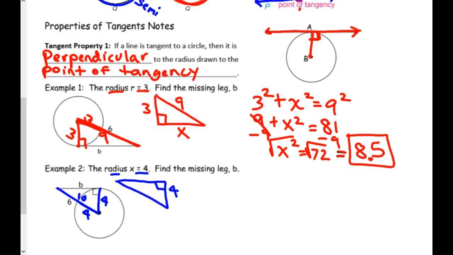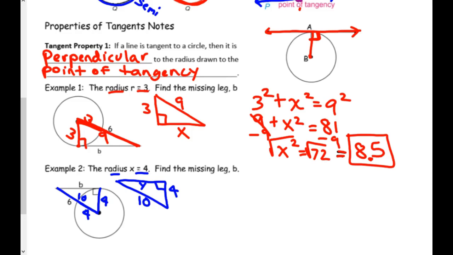So it's really a 4 and a 10, and we'll call this Y. The reason why I don't want to use X is because they already had an X for the radius. I'm not looking for the radius. I know what the radius is. I'm looking for, you can call it B, you can call it whatever, okay? It's a variable, okay? And that's what we're looking for.